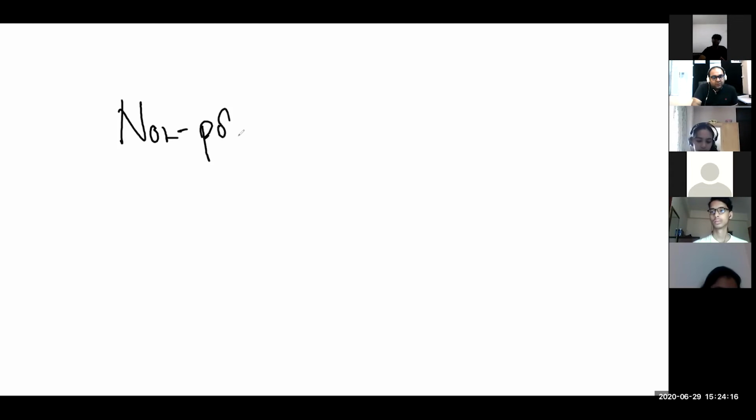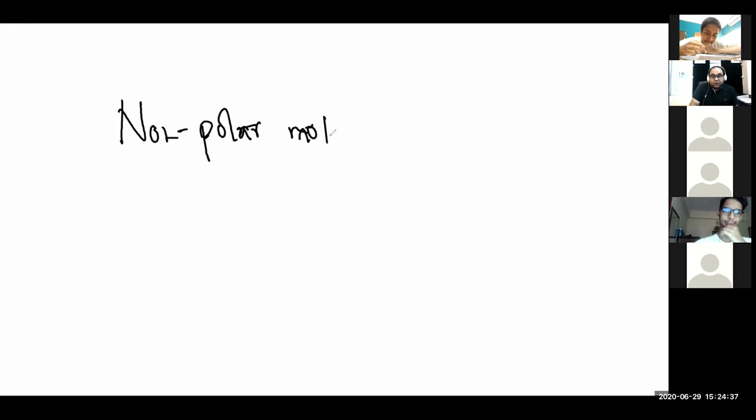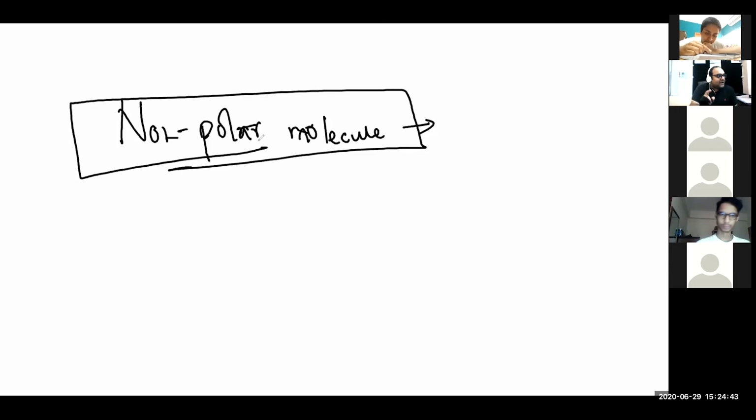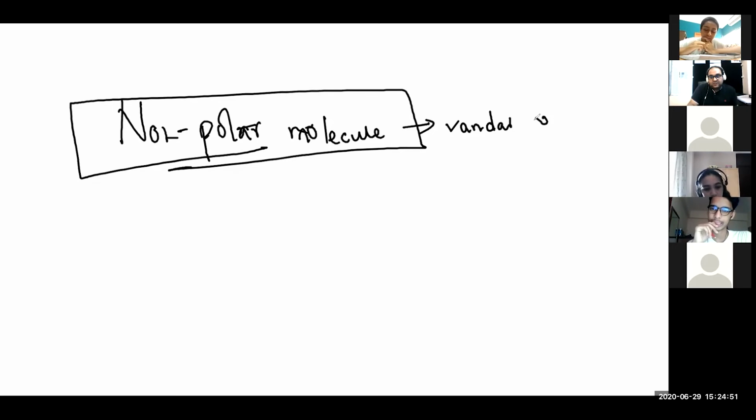Non-polar molecules. A non-polar molecule just has one type of intermolecular force, and what's that? Van der Waals forces.